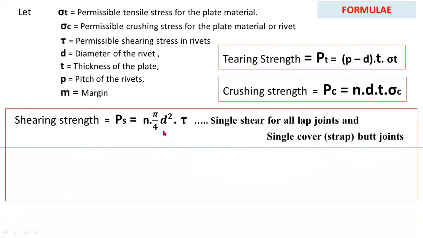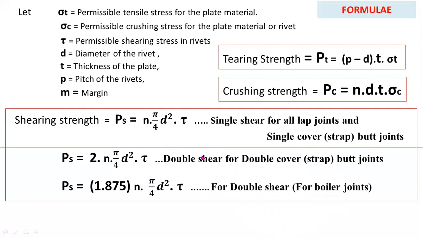This is the formula for single shear. Shearing strength PS equal to n into pi over 4 d square into tau for single shear, for all types of lap joints and single strap butt joints.